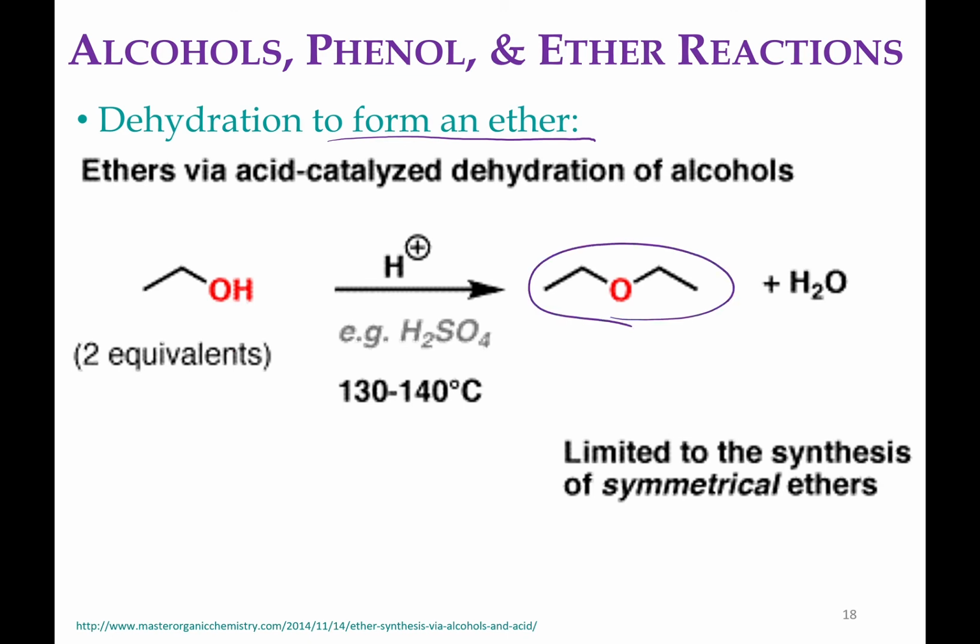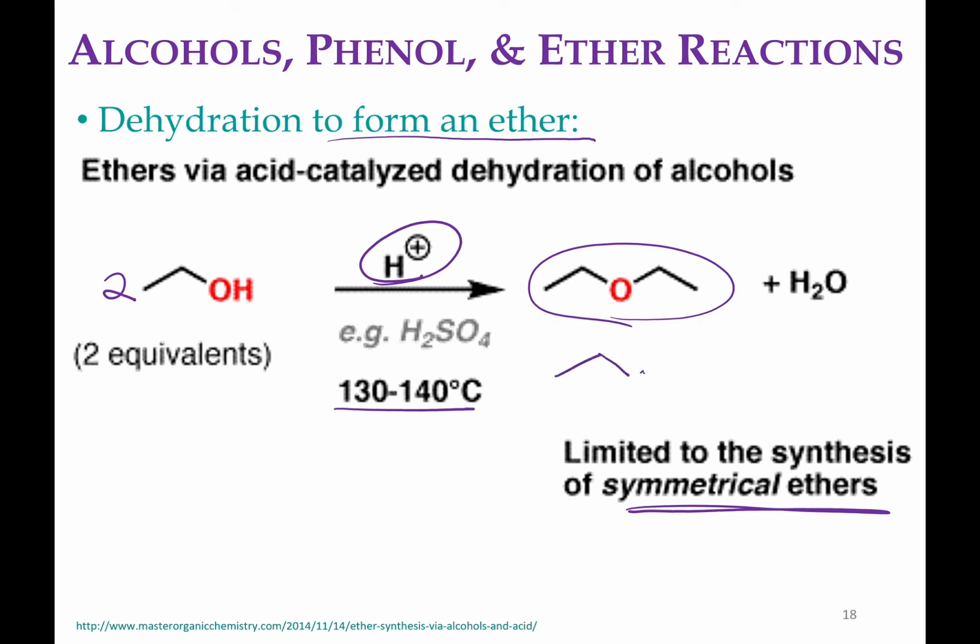It has to be done at a lower temperature, and this is going to be a limited form of an ether. You can only form symmetrical ethers when we do this. So we react 2 of these together with an acid catalyst around 130 to 140 degrees. For these reactions, you are going to have to look at what temperature they're done at. When we do that, we will get a symmetrical ether.